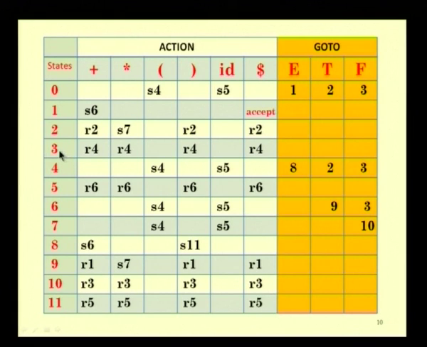Then when you go to state number 3, we have an item of the form that is R4, that is T derives F dot. So, we have R4 here, R4 here, R4 here, and R4 here. It is all because the follow set of T includes plus, star, closing bracket, and dollar.